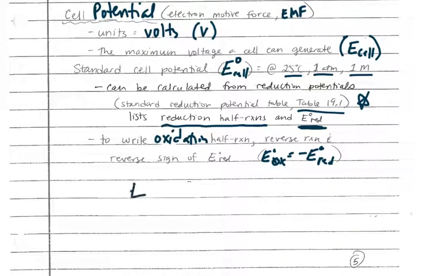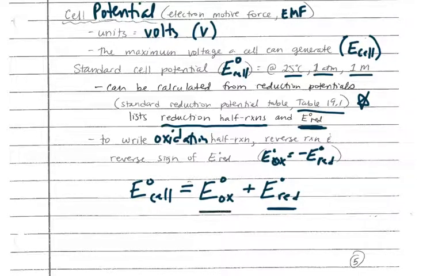So the energy of the cell, the E cell, the cell potential, is equal to the oxidation potential plus the reduction potential. Okay, and so we can look this one up on the table, and we can technically look this one up on the table, but we just have to reverse the sign.